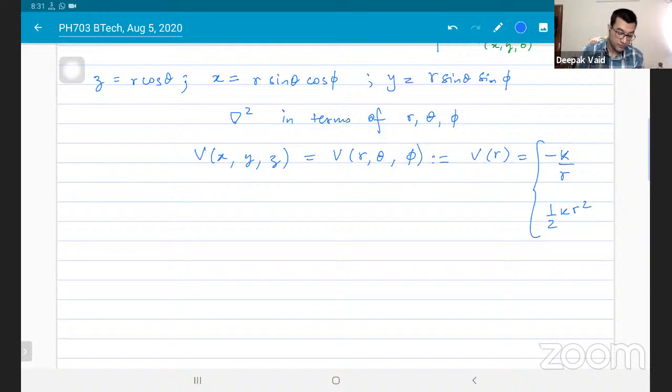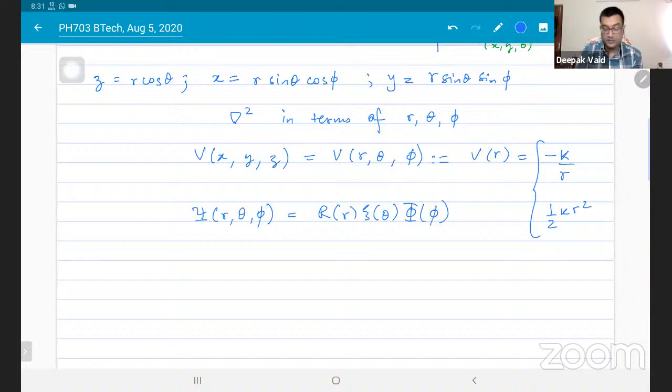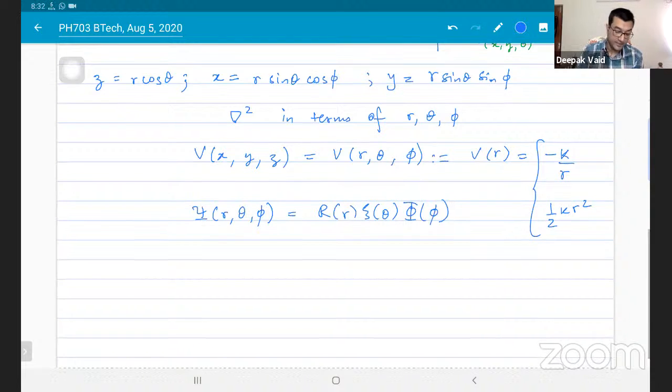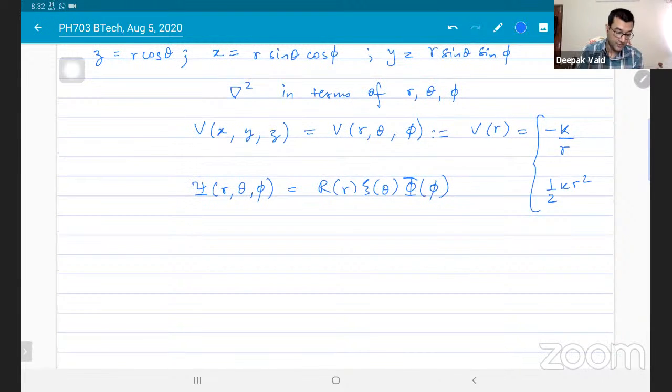So again, you would proceed in the same way. You would assume that you can express the state as a product state, right? Separation of variables. And then you insert this into the Schrodinger equation.